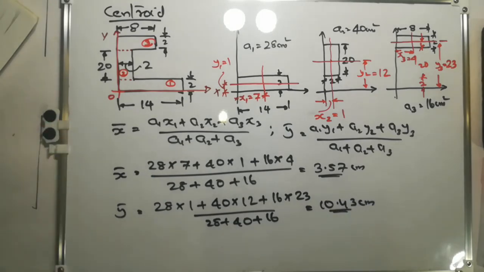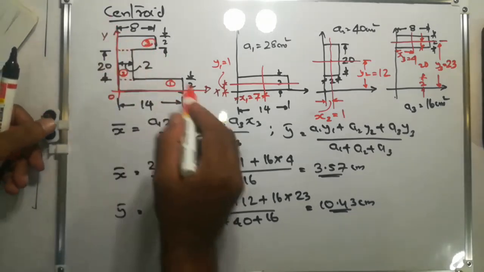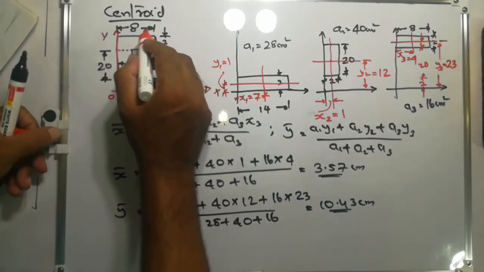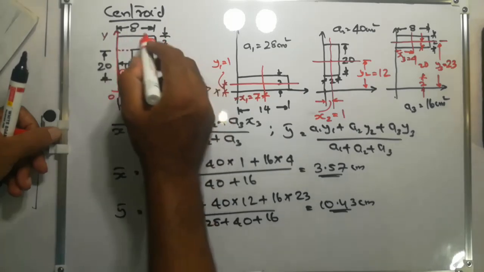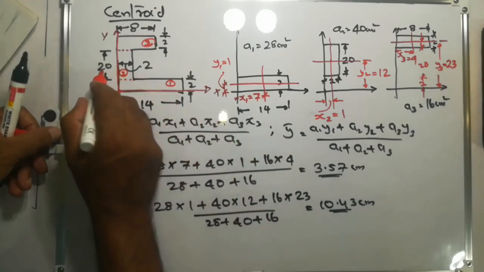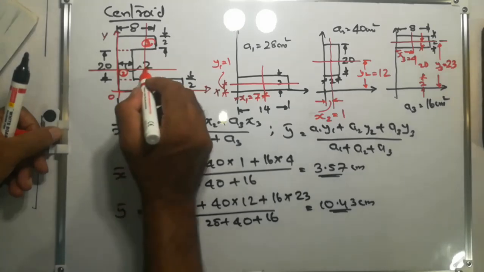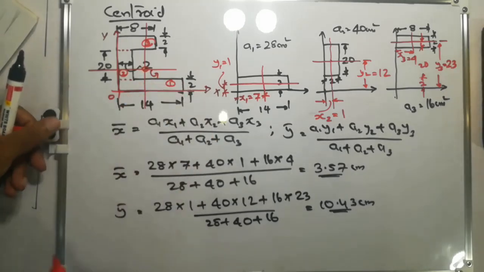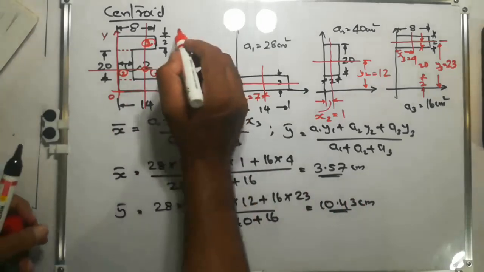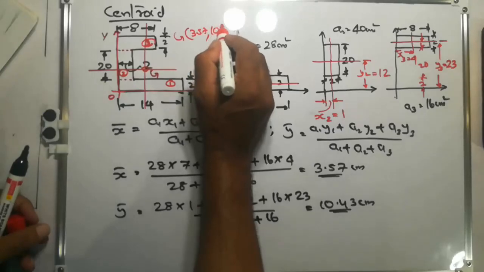So the centroid of this complex area about this reference axis will be like this. This will be centroid G, and its coordinates will be G is 3.57, 10.43.